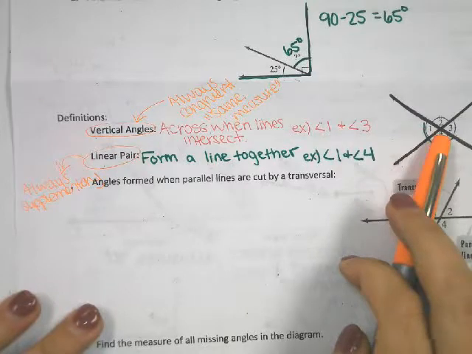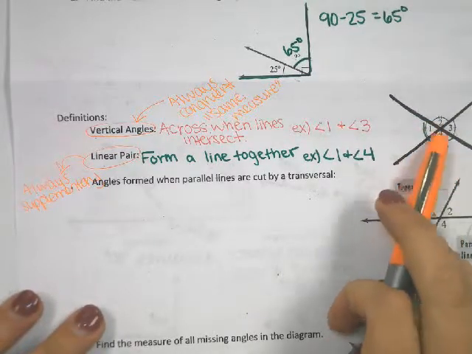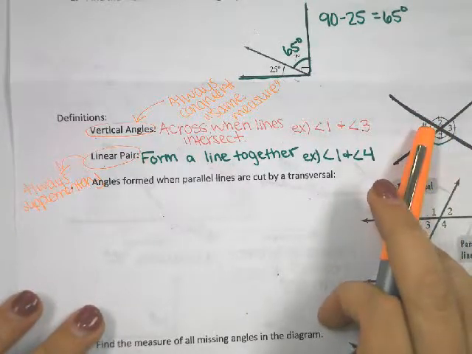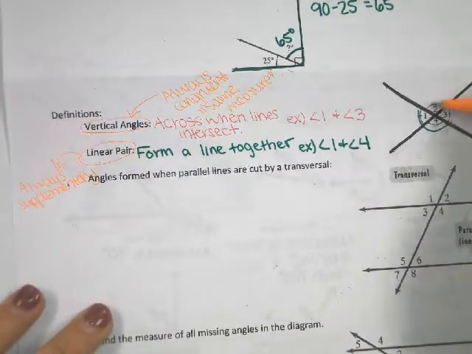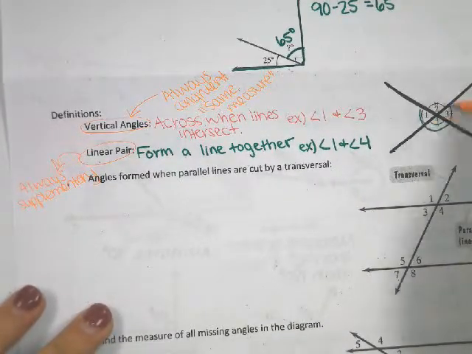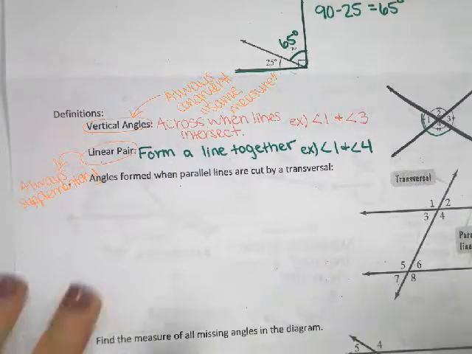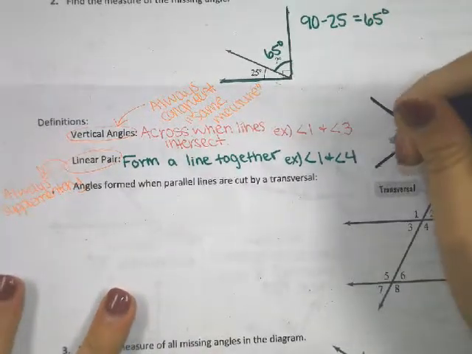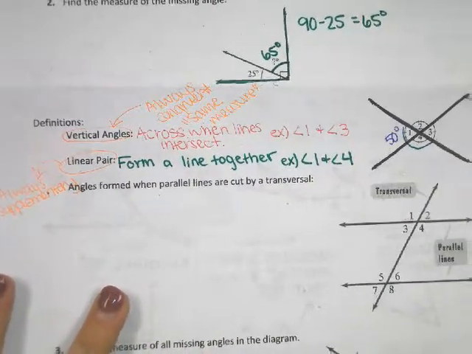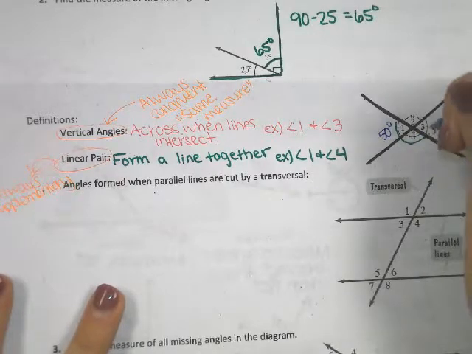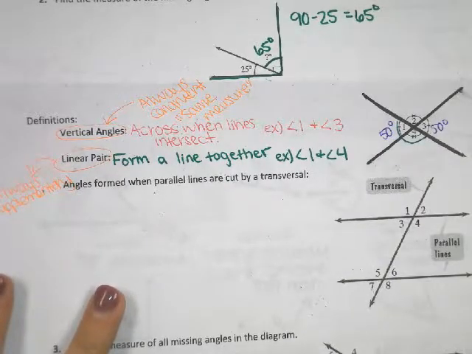Since 1 and 4 together form a straight line, we know that these two angle measures are going to add to 180. Additionally, 2 and 4 are going to be the same size, and 1 and 3 are going to be the same size. So if I give you one of these angles, you can find out all of the others. For instance, if I tell you that angle 1 is 50 degrees, then you could say angle 3 is also 50 degrees because they're vertical.